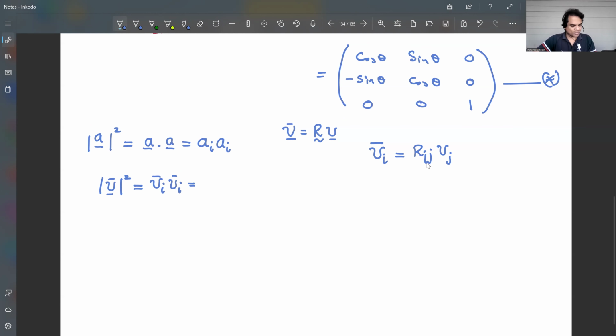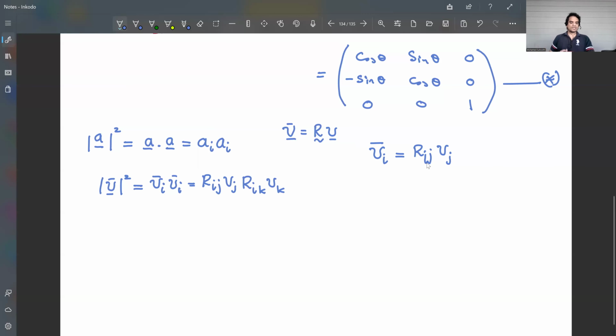Now I'm going to use the same thing here, R_ij V_j. For the second V bar i, I cannot use j now, because then j would repeat more than two times, which is against our rule. Therefore I keep i, since it appears only two times, and instead of j I will write k.